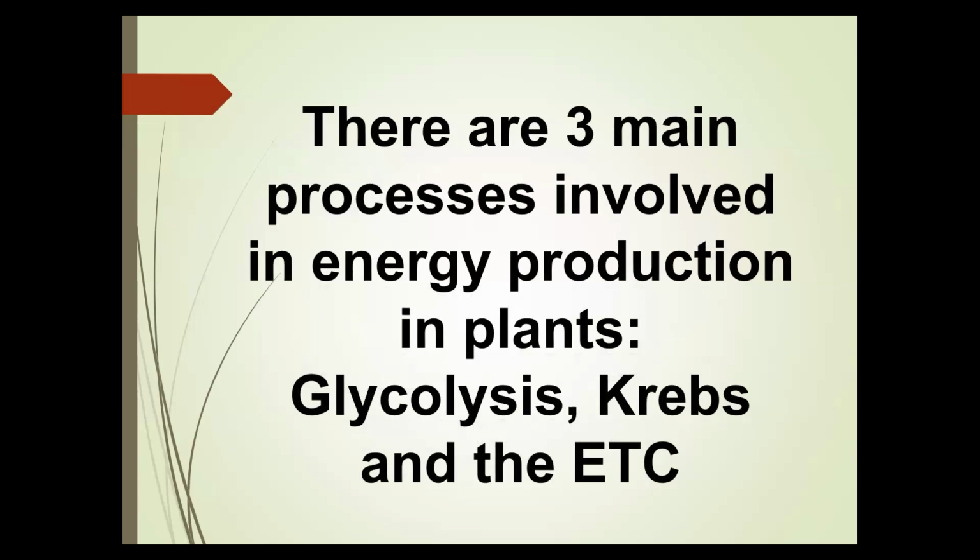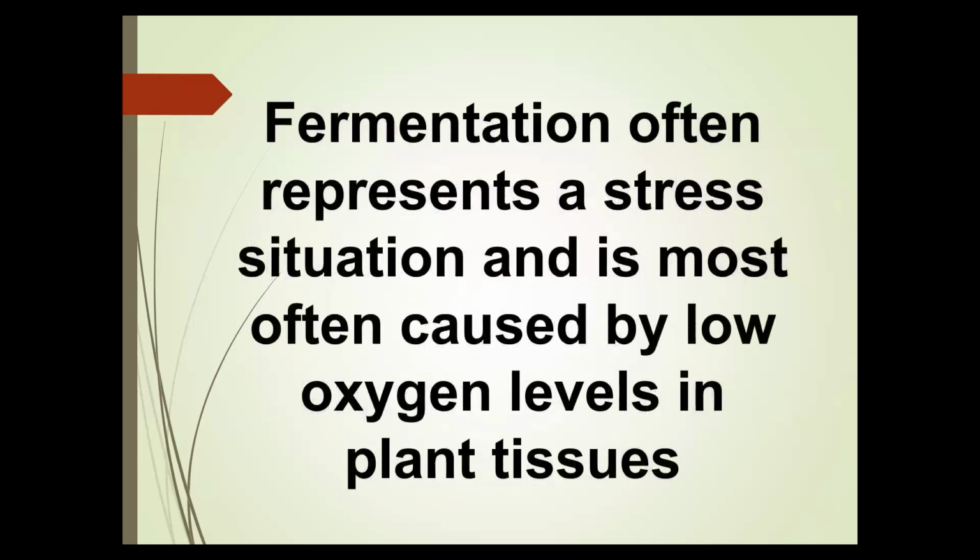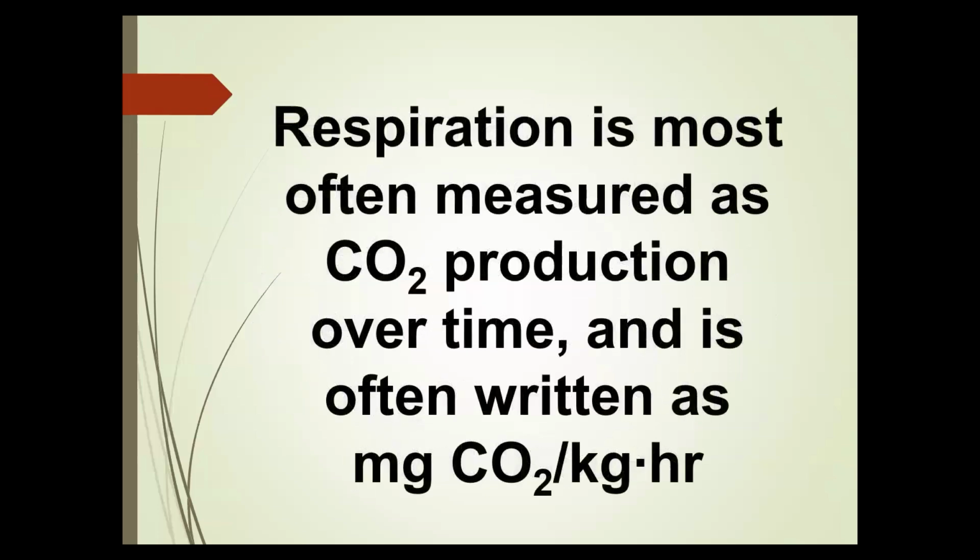There are three main processes involved in energy production in plants: glycolysis, Krebs, and the ETC. Fermentation often represents a stress situation and is most often caused by low oxygen levels in plant tissues. Respiration is most often measured as CO2 production over time and is often written as milligrams of CO2 per kilogram hour.